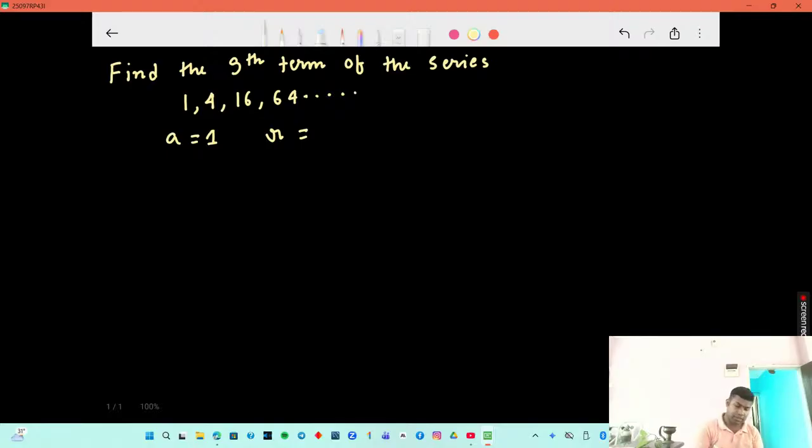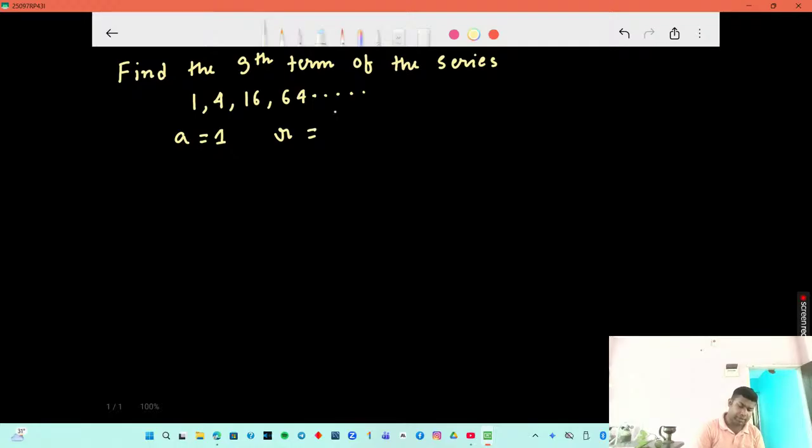So we can take 16 as the next term, and the preceding term is 4. When we divide 16 by 4, we get 4. So the common ratio is 4.